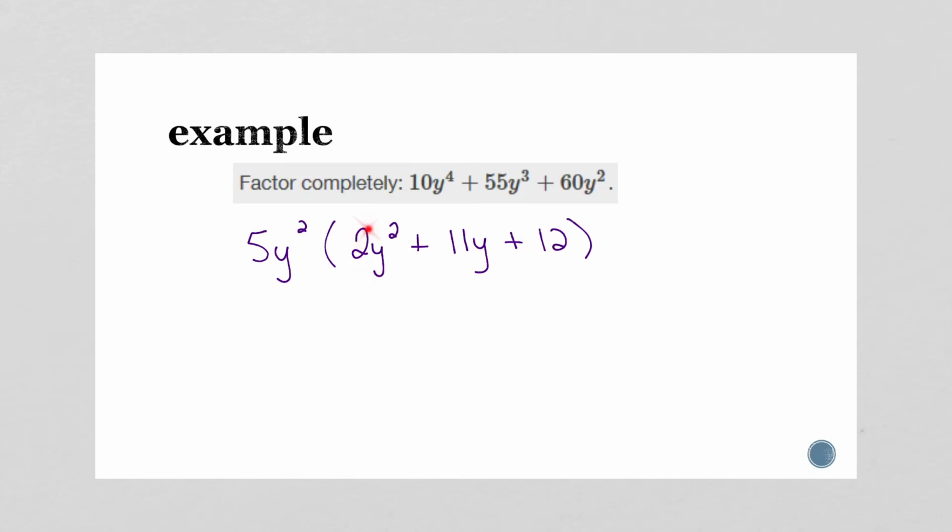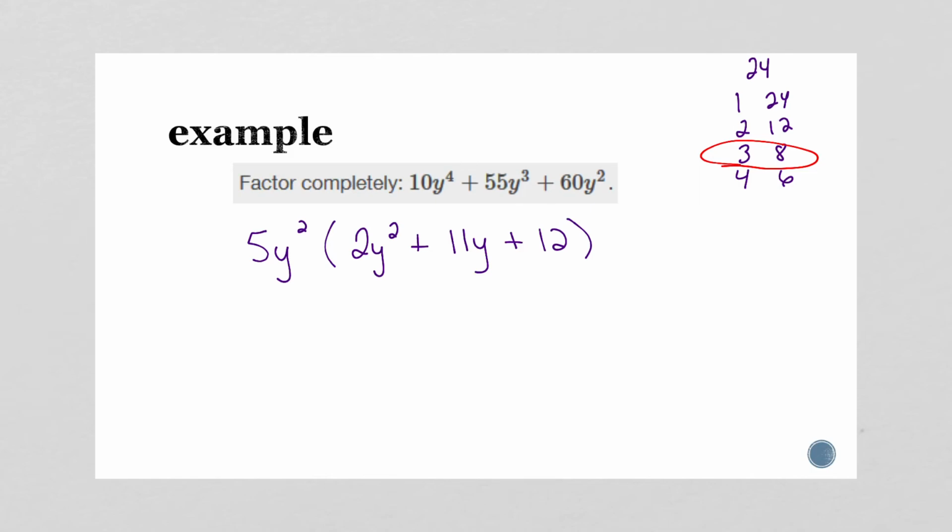Let's do 2 times 12, and we get positive 24 off to the side, okay? And we're going to write down all the pairs of factors for 24. And I know that because these are both pluses, I'm only looking for the positives here. So 1, 24, 2, 12, 3, 8, 4, 6, and that's it. Okay, so the one that adds up to be 11 is going to be this one, okay?